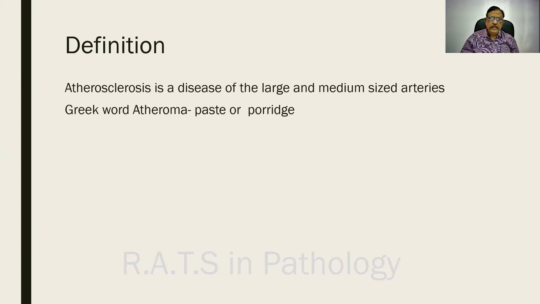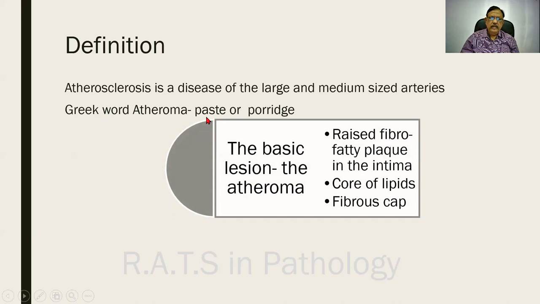So the definition: atherosclerosis is a disease of the large and the medium sized blood vessels, resulting in a lesion called atheroma. The Greek word for atheroma means a paste or porridge. The modern definition, of course, includes a raised fibrofatty plaque with a core of lipids under it and a fibrous cap.